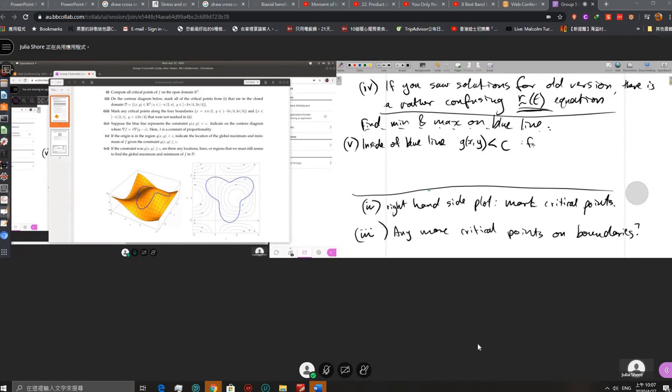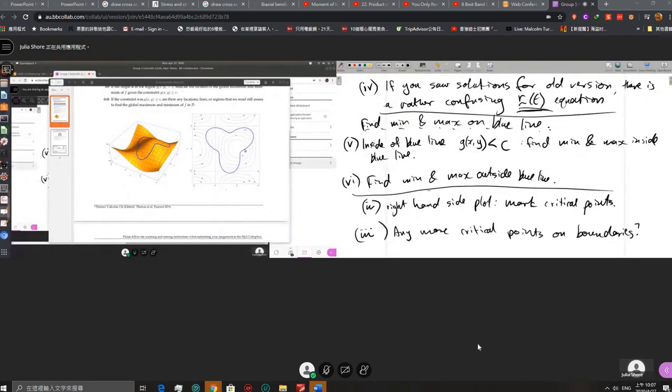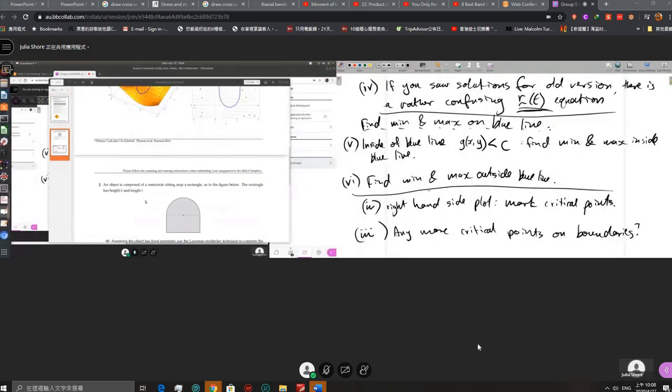So find the min and max inside the blue line, and then part 6 is find min and max outside the blue line. So that question is nowhere near as hard as it looks. So don't worry too much about it. Like you literally need to mark the points on the graph. That's all you need to do.